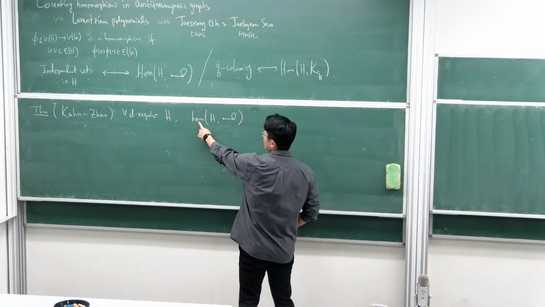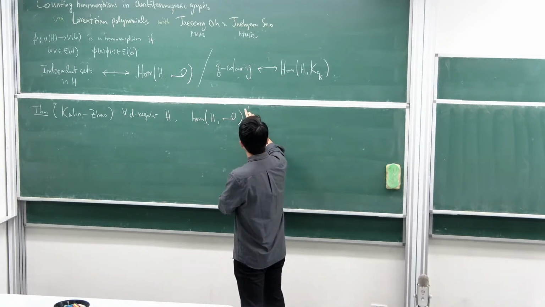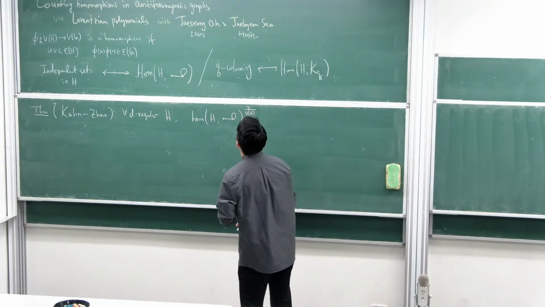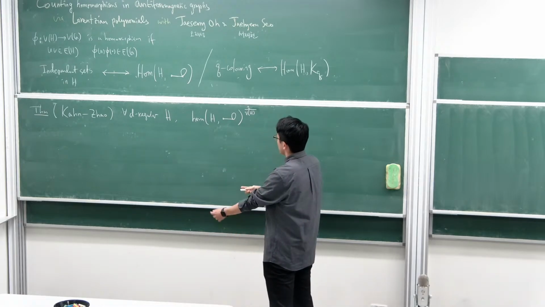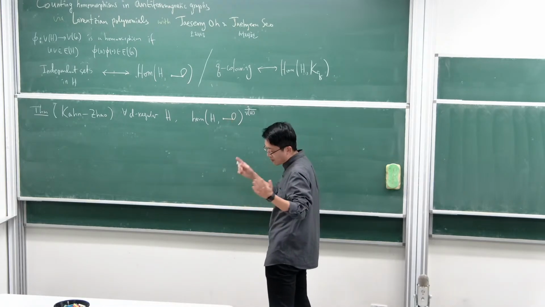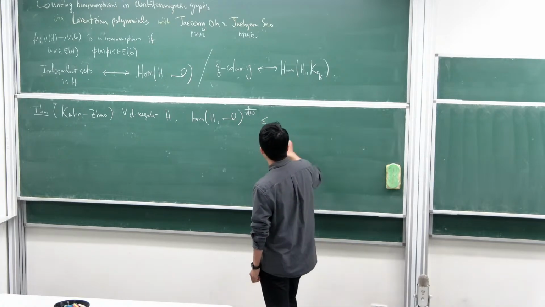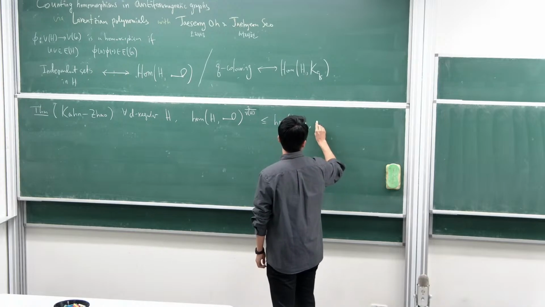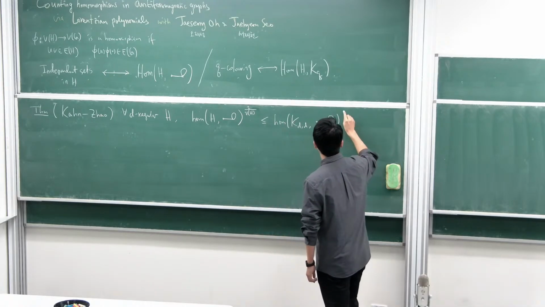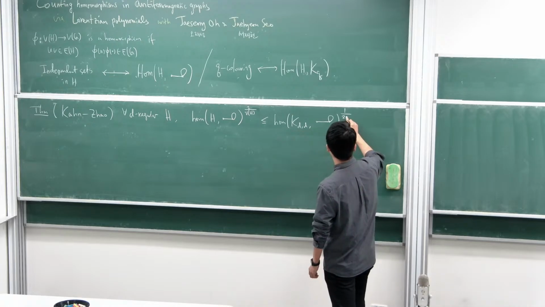If you normalize that by 1 over the number of vertices in H, you need some normalization, because if H is large, then there are lots of independent sets. Then it is always at most the homomorphisms from K_{d,d} to the same one, normalized by the same thing, so it should be 1 over 2d.